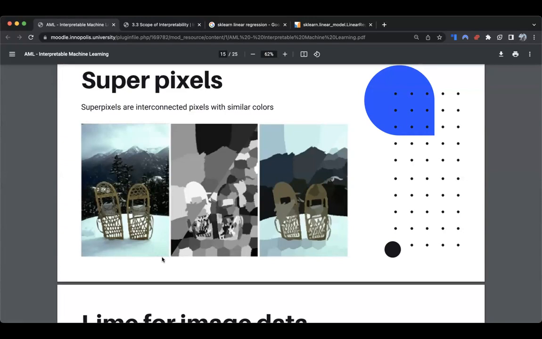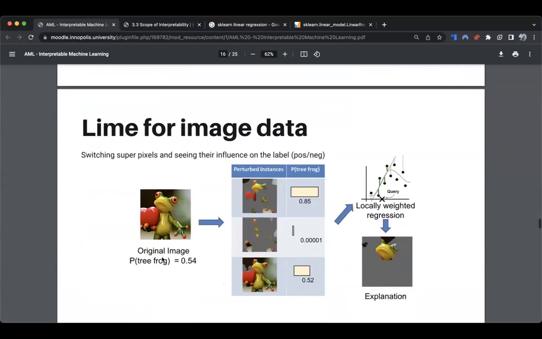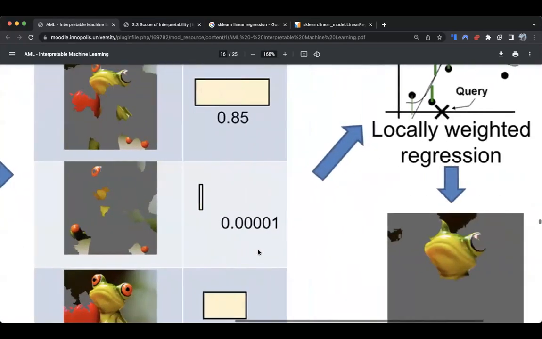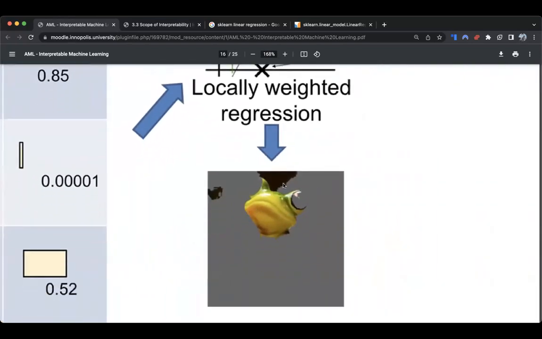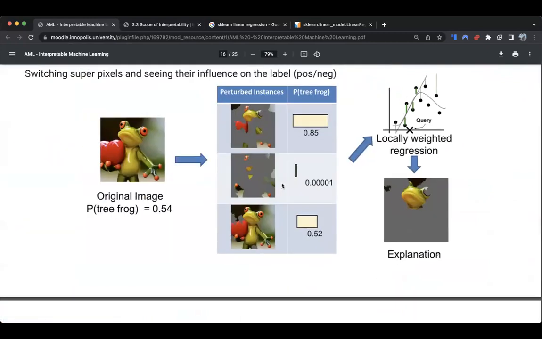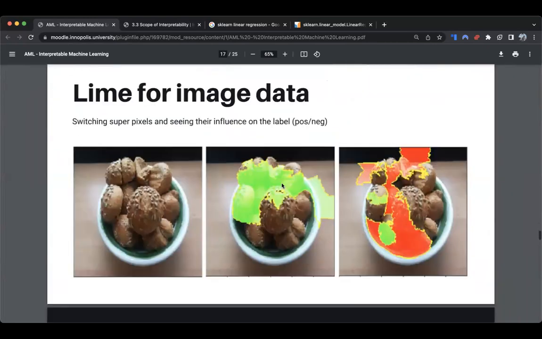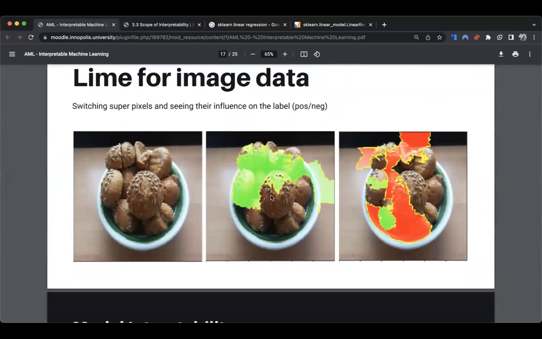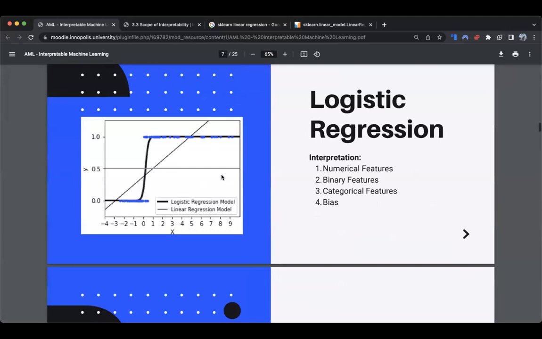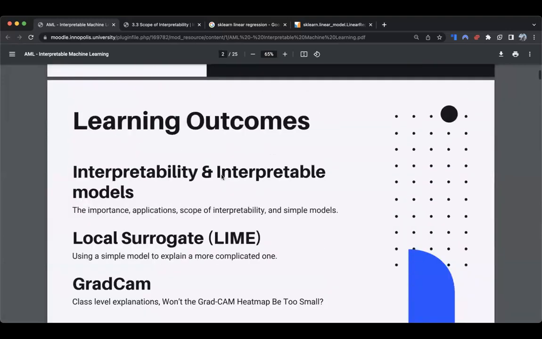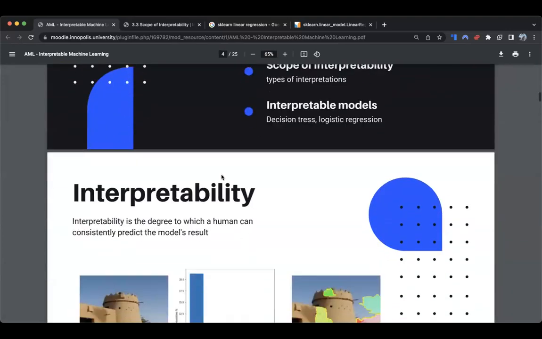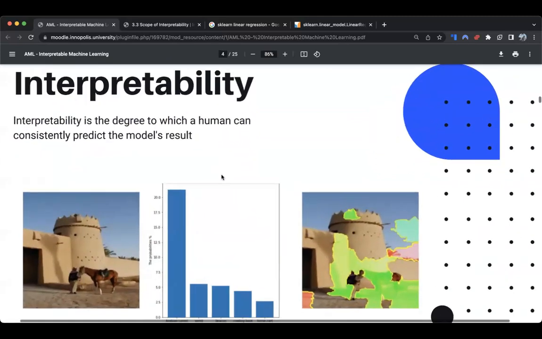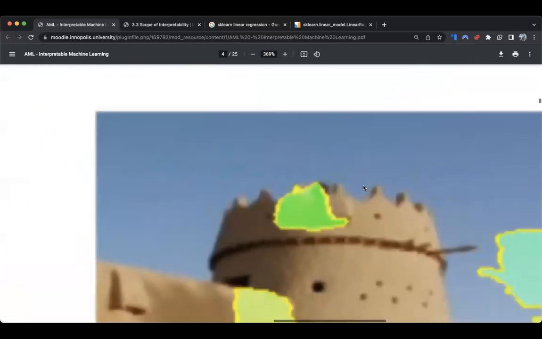And through the linear model, we will be able to understand what is the part of the image that made the model make that decision. So here, for example, we will see why the model made that decision for that specific instance. If we go back to the start of the lecture, this result is generated by LIME.